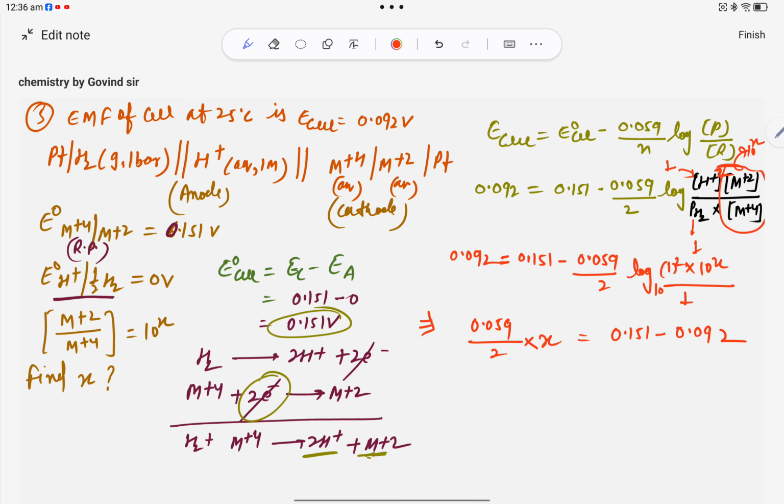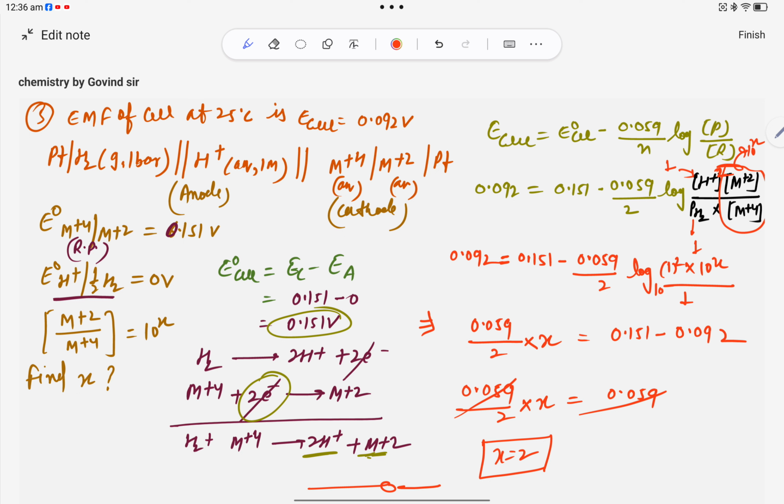So from here you have to solve this value. So 0.059 by 2 into x is equal to 0.059, cancel, and x is equal to 2. So that is the answer.